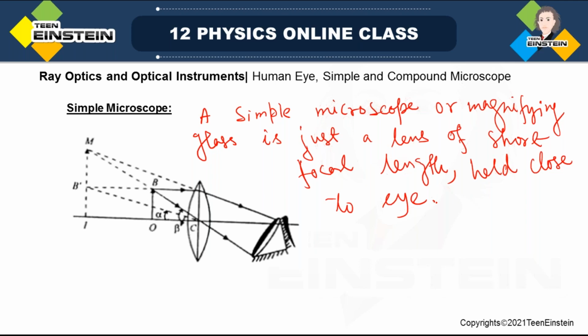Simple microscope or magnifying glass is just a lens of short focal length held close to the eye. So that is actually a simple microscope.